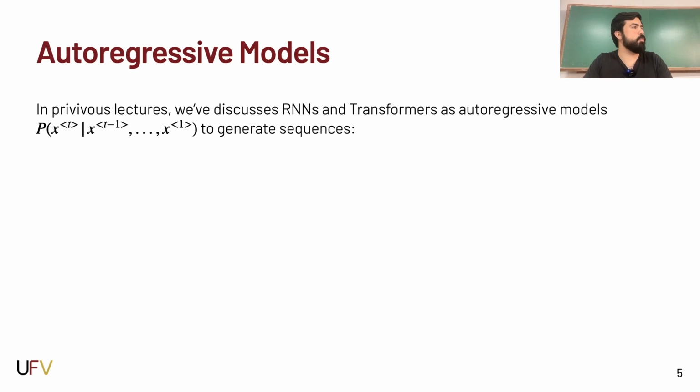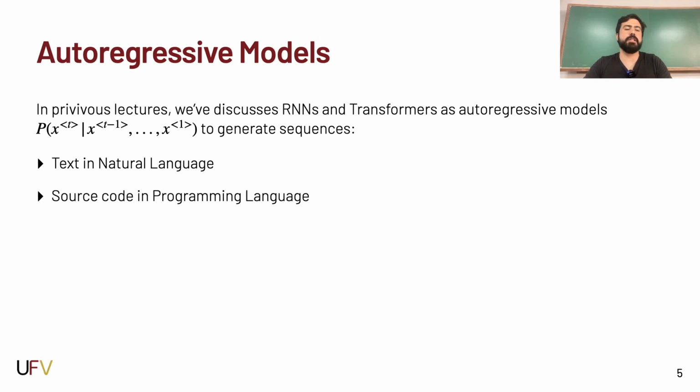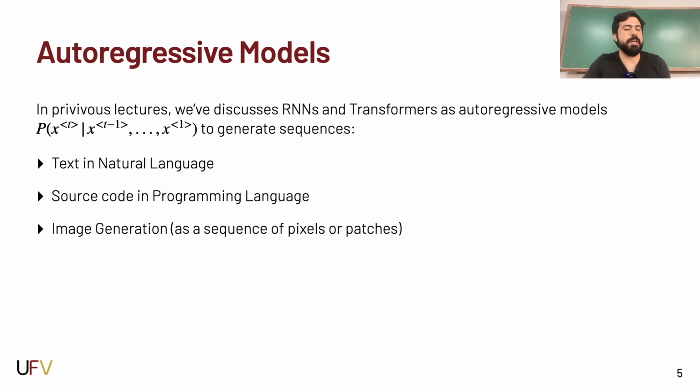There could be other networks to model this type of model as well. These are very important generative models, and they can be used to generate text in natural language, which is perhaps the standard application. But we also saw cool ideas like generating source code in a programming language, or even image generation if you think about an image as a sequence of pixels or patches, right? Music generation, speech, and others. So these are pretty general models.